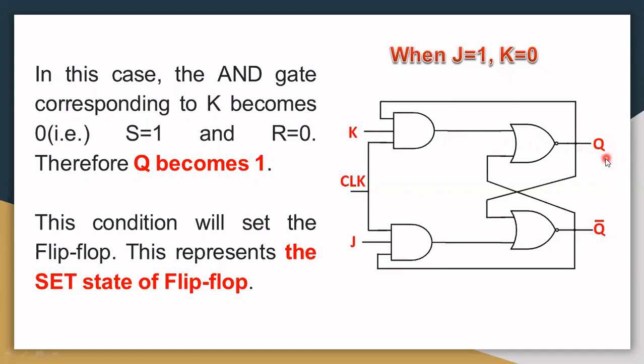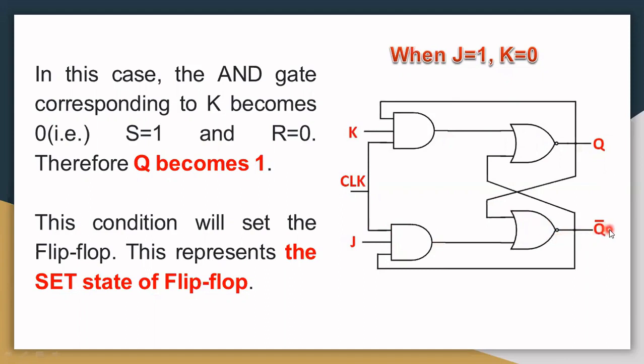Let us consider the second case. Suppose Q is equal to 0 and Q dash is equal to 1 in the previous state. Then 1 from here comes here, J is equal to 1, clock is high. The output of the AND gate is 1 because all the inputs are high. Then 1 here, 0 from here, therefore 1 from the OR gate, reversed for the NOR gate because we are using a NOR gate.